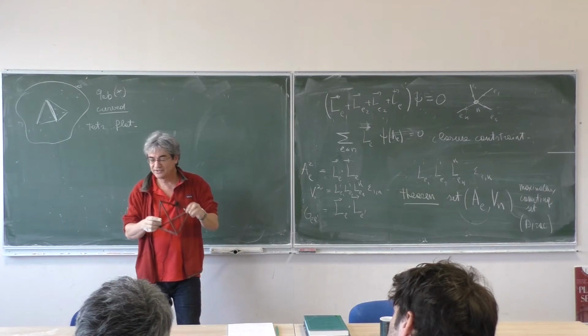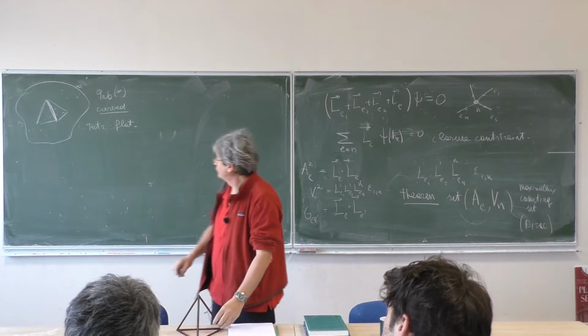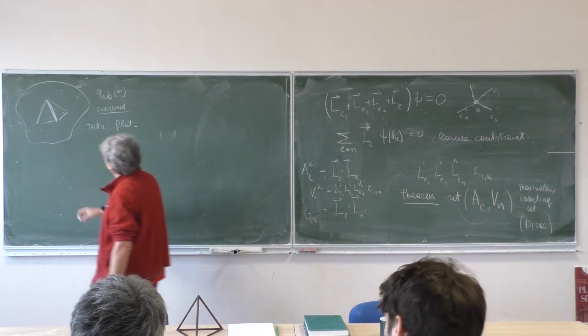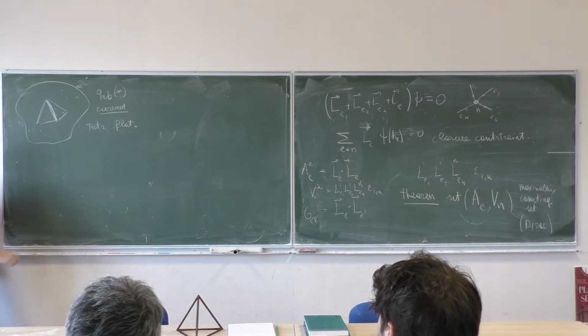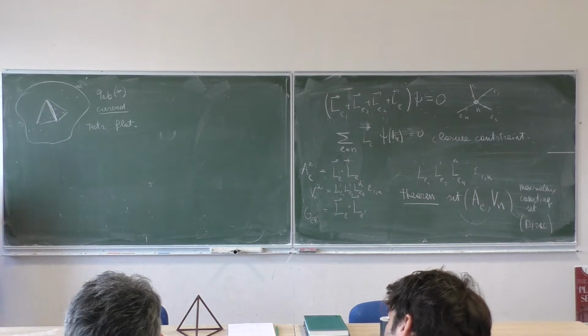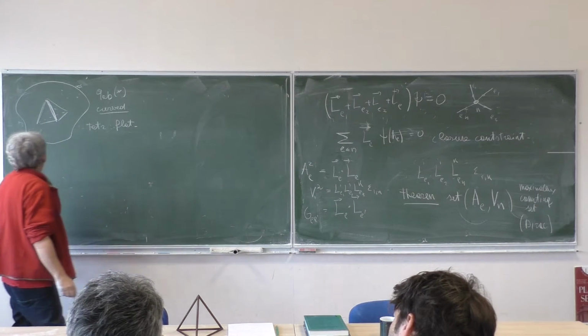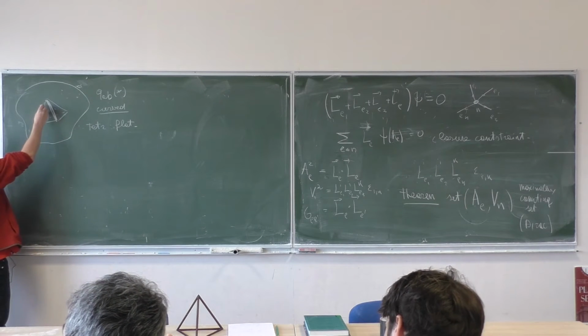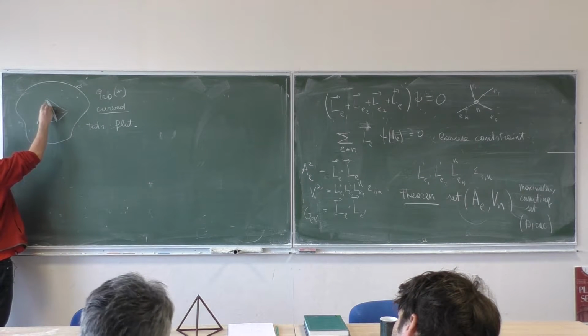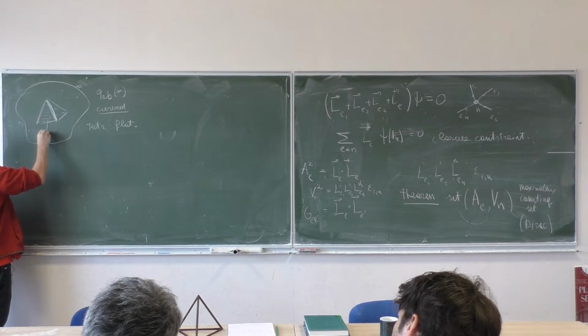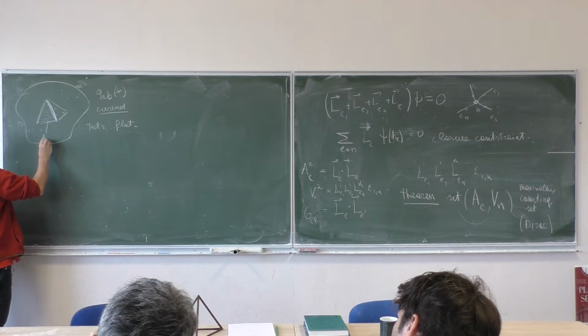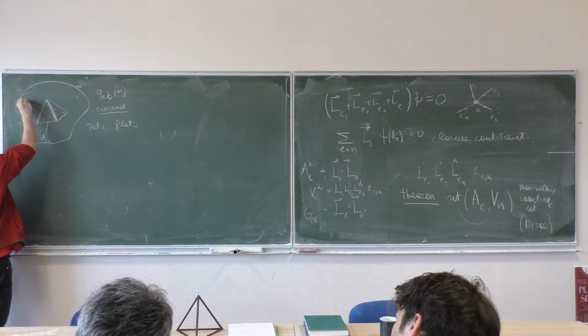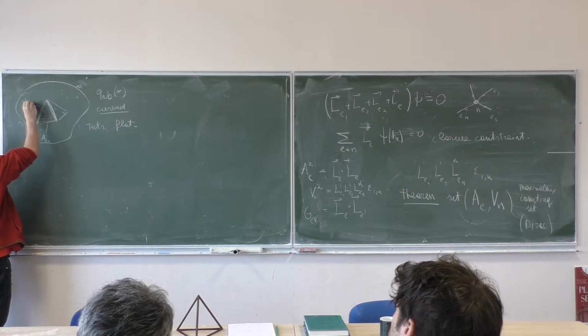If it's more than 2 pi, there's negative curvature. So the geometry is coded in the geometry of the tetrahedra themselves. In particular, if I know the geometry, I can compute the area associated to each triangle, and I can compute the volume associated to each tetrahedron.